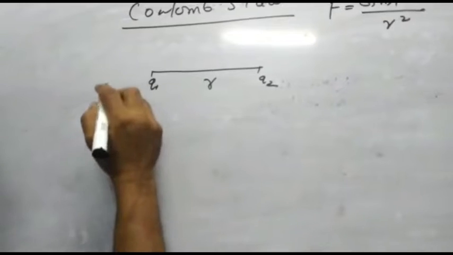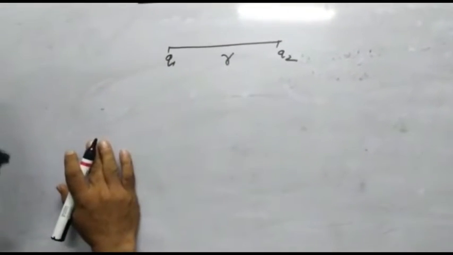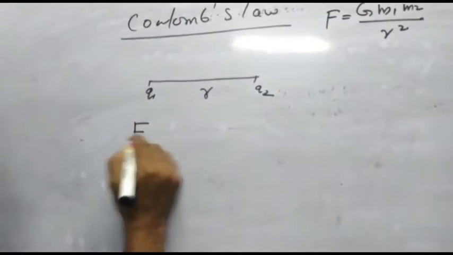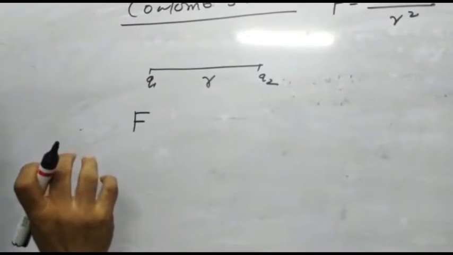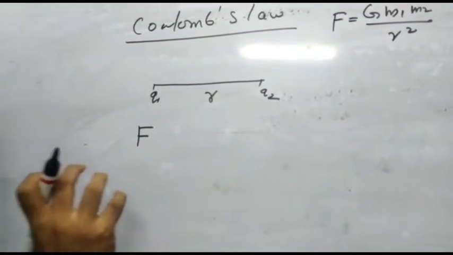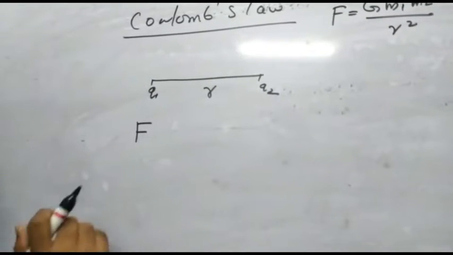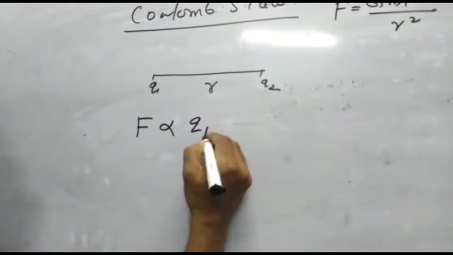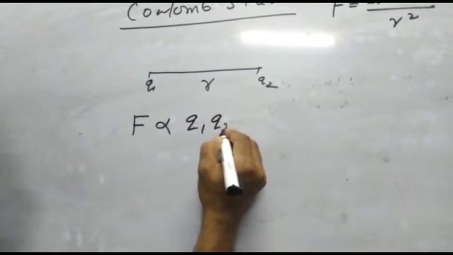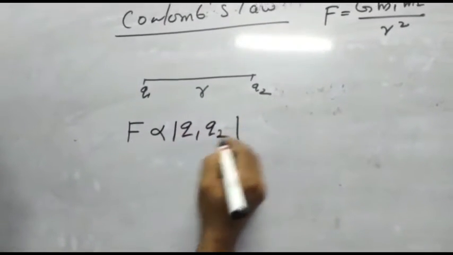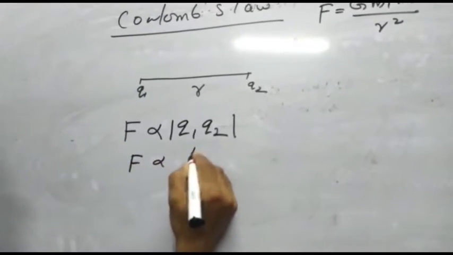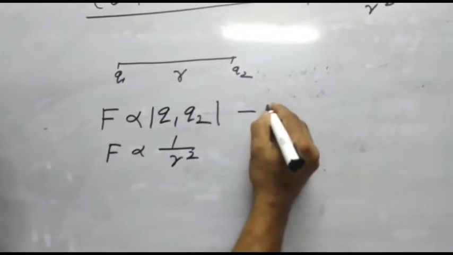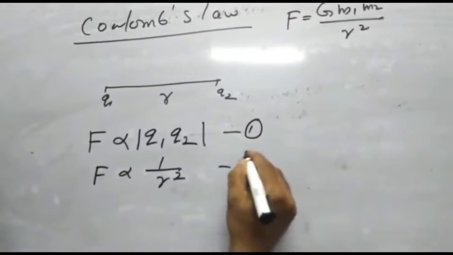So according to Coulomb's law of forces, the force of interaction, here interaction includes both attraction and repulsion, is directly proportional to the product of the magnitude of the charges and inversely proportional to the square of the distance between them. This is equation number 1. This is equation number 2.